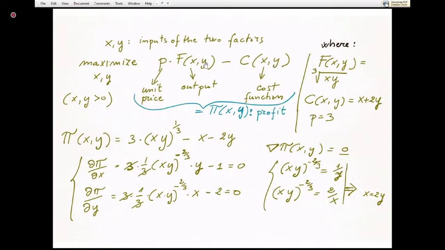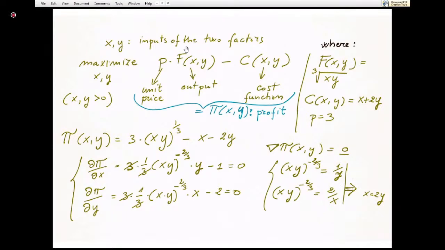Assume that X and Y represent the input quantities of two production factors, and suppose that F is a production function that transforms the amounts of the input into the amount of the output. So capital F of xy is the output that we obtain by putting into the production process x units of the first input factor and y units of the second input factor.